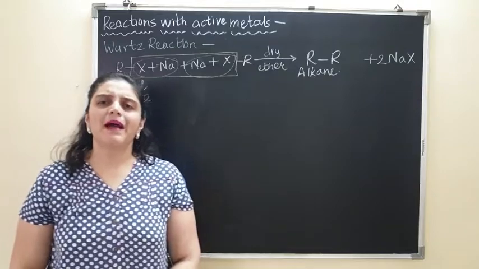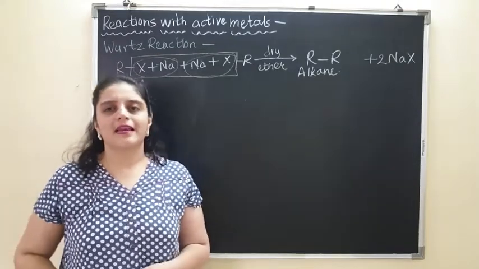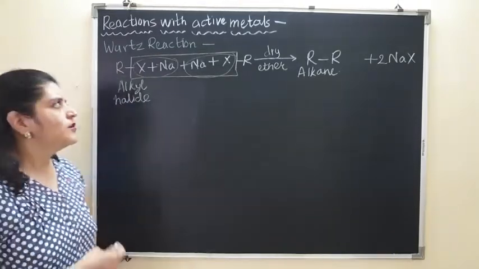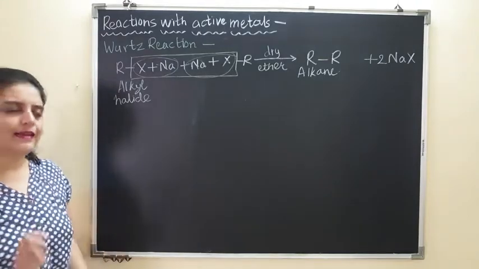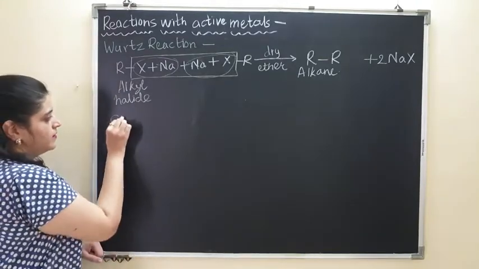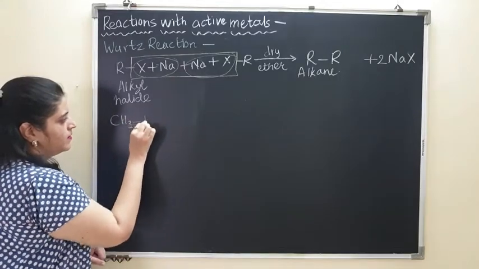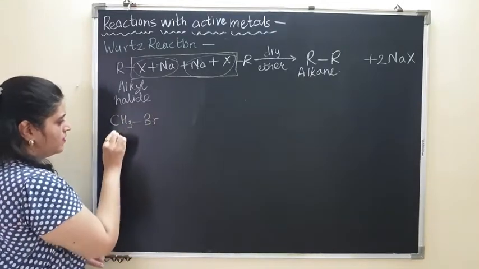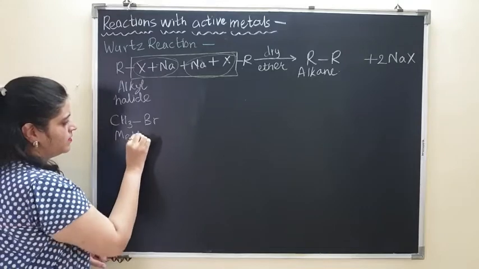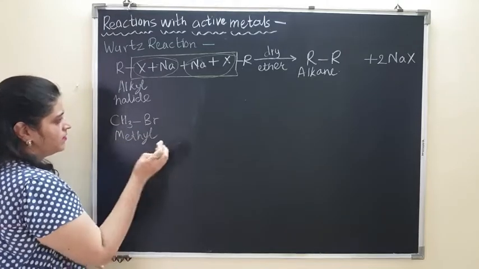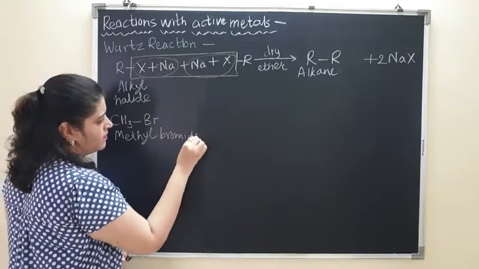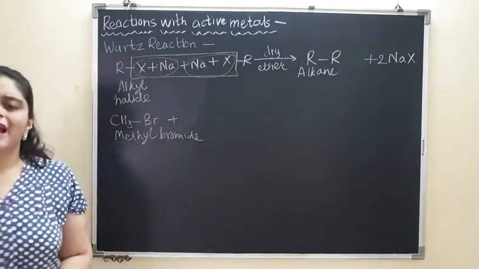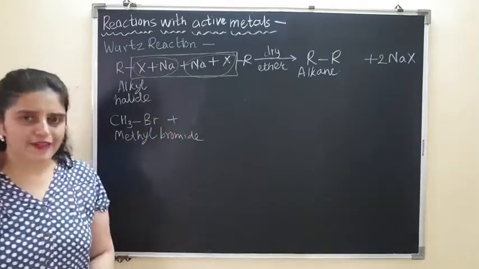So what do you mean by higher alkane? Let us understand this with one example. Let us take CH3Br, methyl bromide, as the reactant. This methyl bromide is going to react with Na.